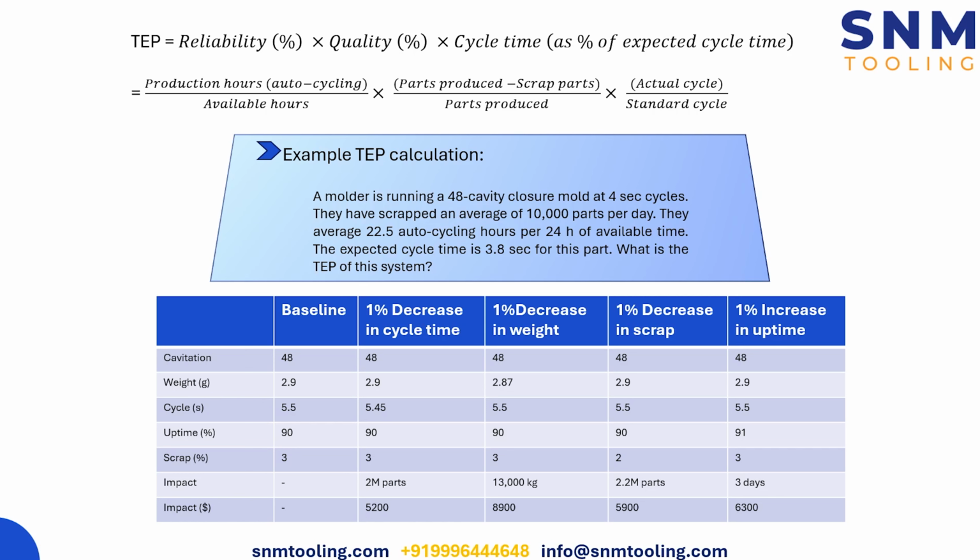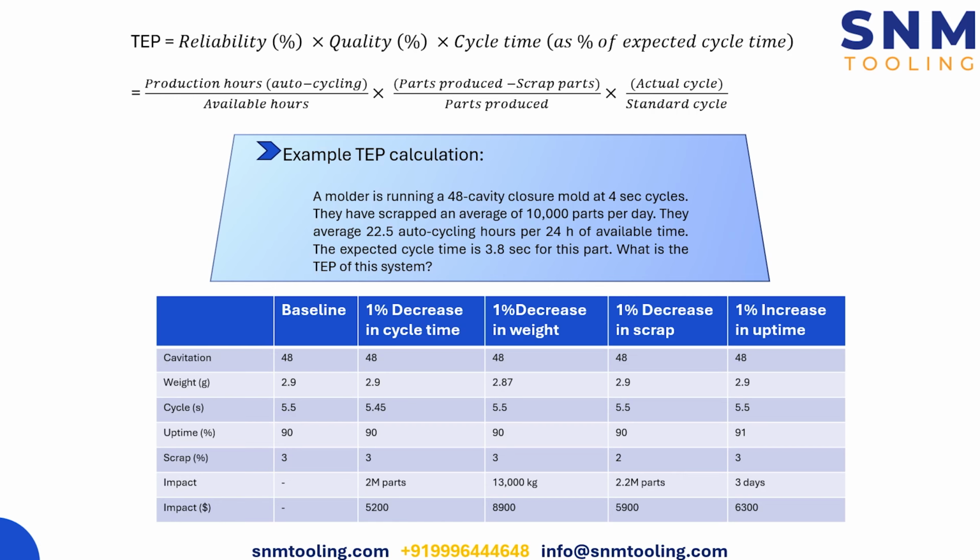So total equipment productivity tells us how highly productive the mold is, how many good parts it can produce for a long period of time, because it's all about sustainability in an injection mold. A mold is supposed to last for a long, long time.